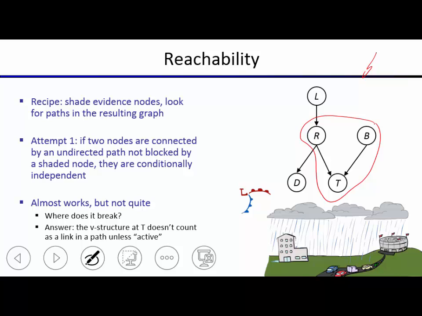In a V structure, when you don't observe the middle node, they're independent. But then when you do observe the middle node, all of a sudden, there could be a dependence. Okay, so that's a little catch there, why we cannot just look at reachability in the graph, where we block things by observations, but sometimes an observation will block things, sometimes an observation will actually enable influence.